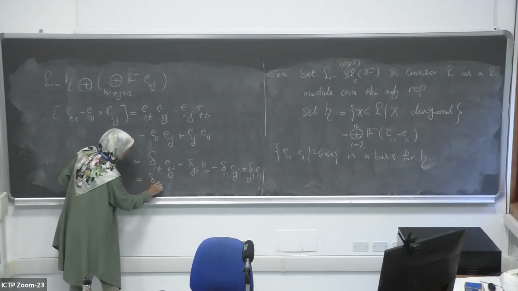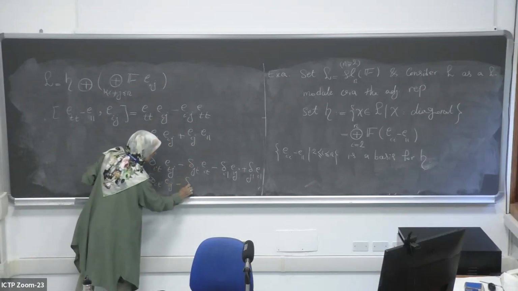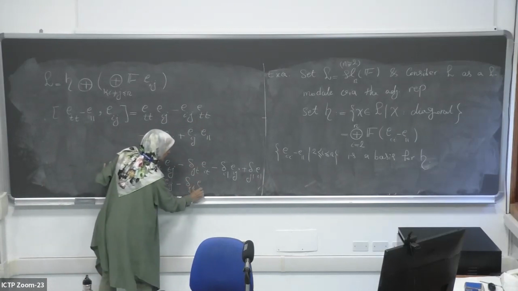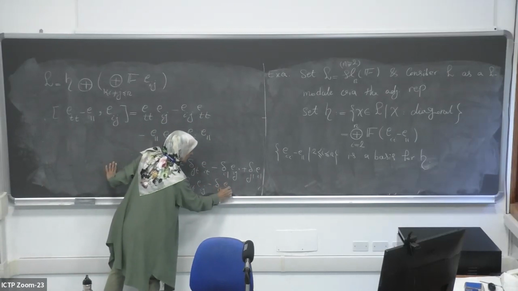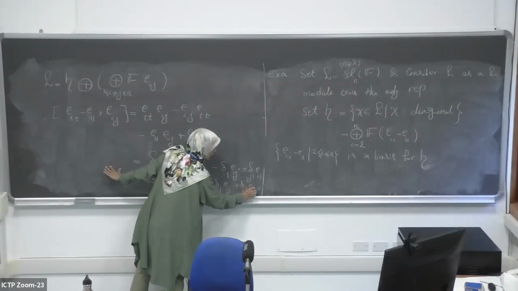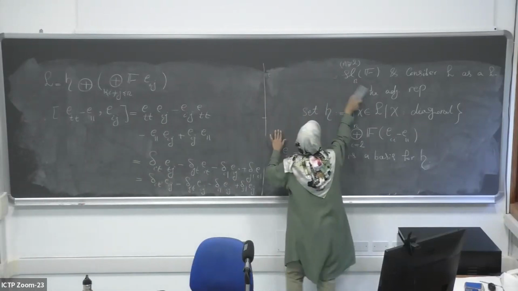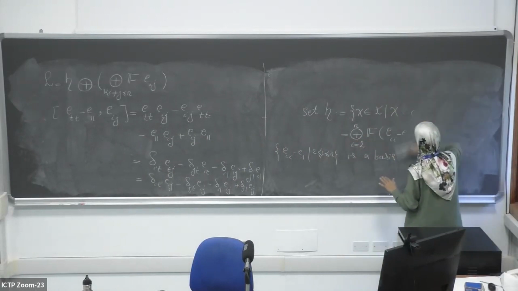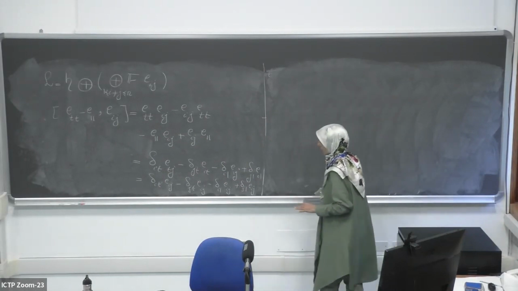So it is delta_it E_ij, minus delta_jt E_ij, here I have delta_i1 E_ij, and here delta_j1 E_ij.